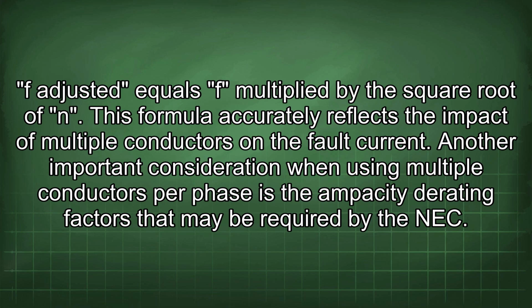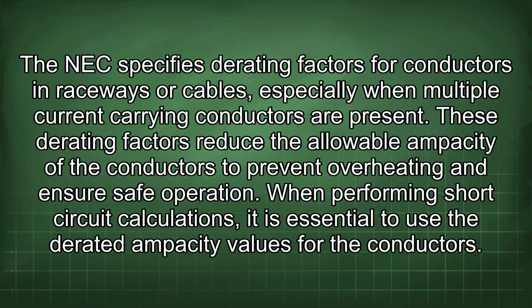Another important consideration when using multiple conductors per phase is the ampacity derating factors that may be required by the NEC. The NEC specifies derating factors for conductors in raceways or cables, especially when multiple current-carrying conductors are present. These derating factors reduce the allowable ampacity of the conductors to prevent overheating and ensure safe operation. When performing short-circuit calculations, it is essential to use the derated ampacity values for the conductors.